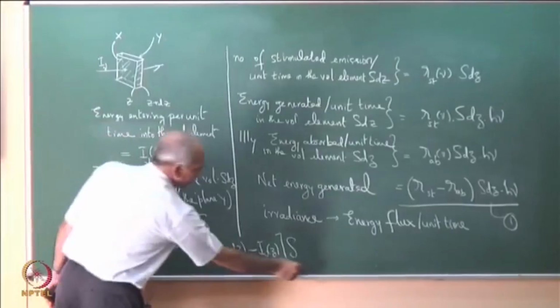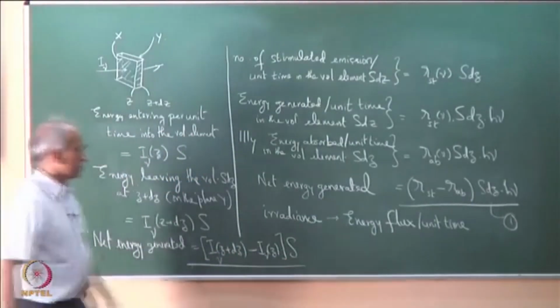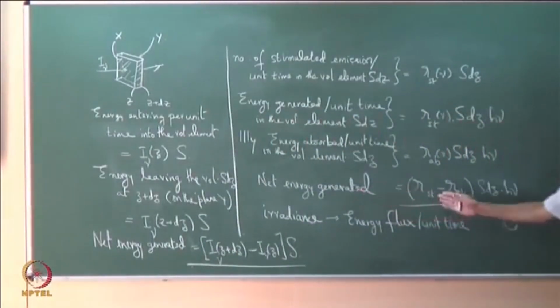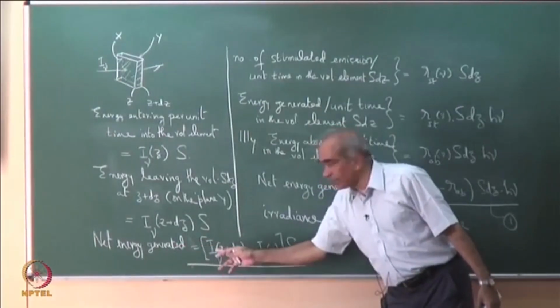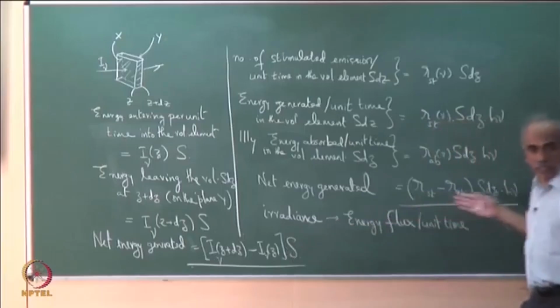Please see this. The net energy generated in the volume is this much, R S T minus R A B into S dz into h nu, and the net energy generated in terms of intensity is this much. So, they are the same.